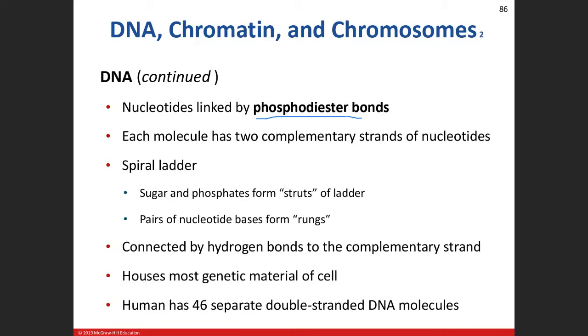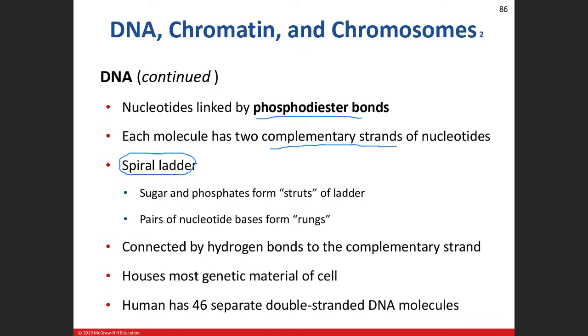And so when we talk about DNA in regards to its structure, each of those nucleotides will be linked to each other, and they'll create what we call a complementary strand. Certain nucleotides will bind or link to specific other types of nucleotides, and that configuration creates what we call the spiral ladder.